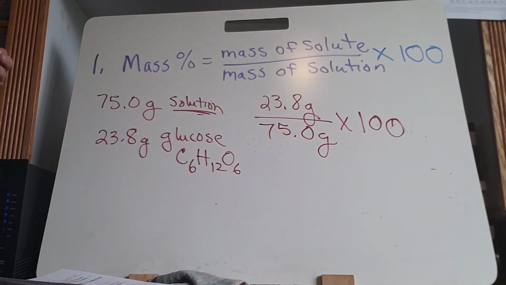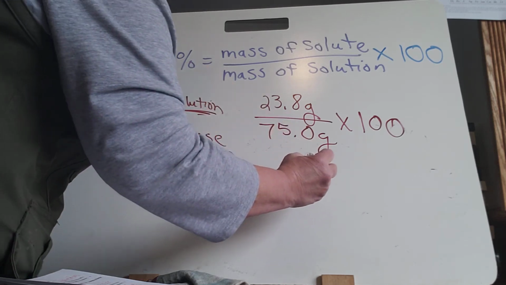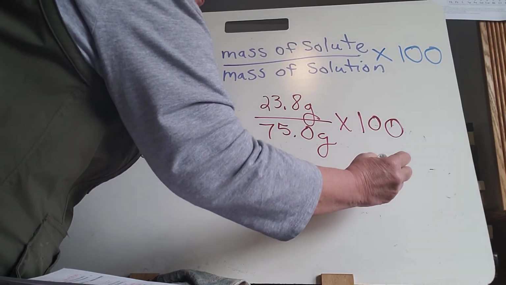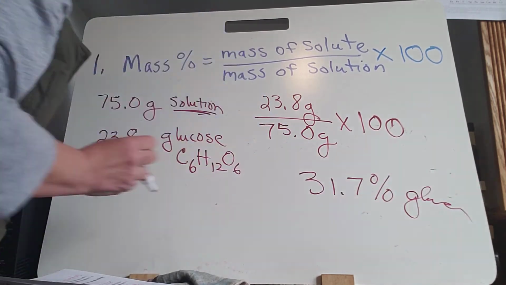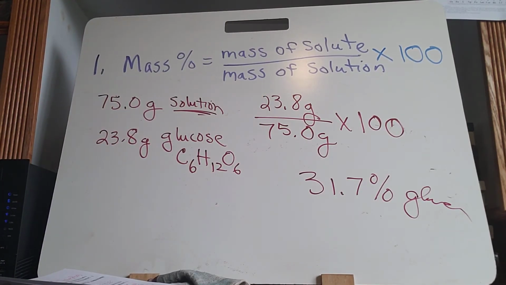And when I divide and then multiply this, I get 31.7% glucose. So my solute was the 23.8 grams of sugar. The water was my solvent. I'm kind of guessing it's water because they don't tell me. And the solution I put as sugar water.